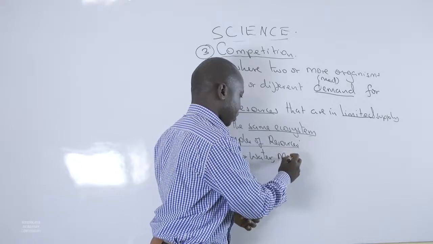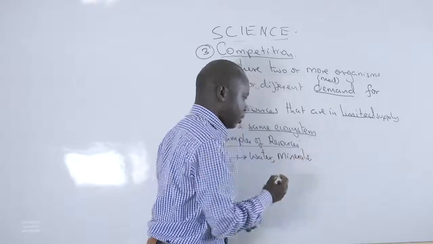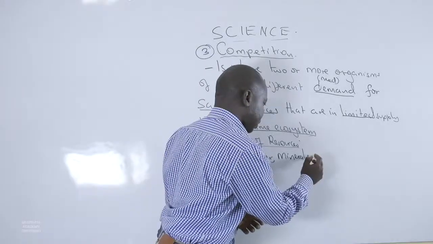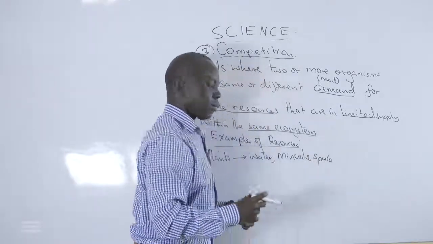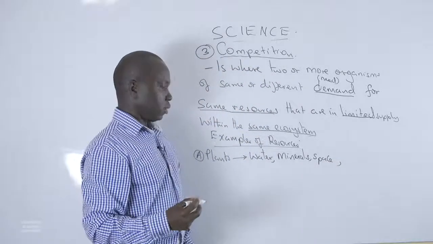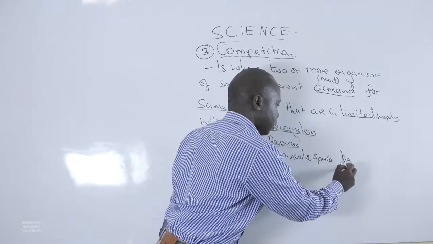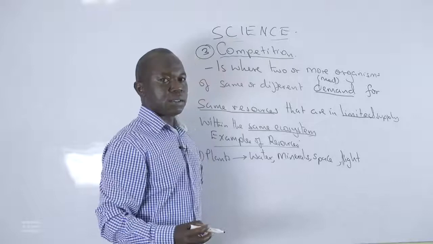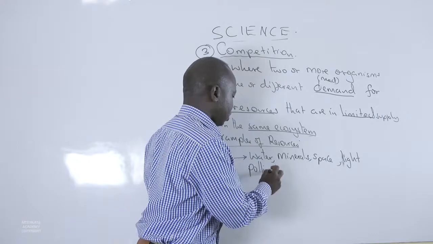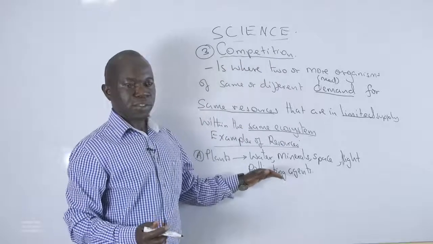Minerals. Minerals are also resources that the plant requires for proper growth. We have space. Plants require enough space for proper functioning. It also requires sunlight or light. We have resources like pollinating agents. They are going to compete for such resources.